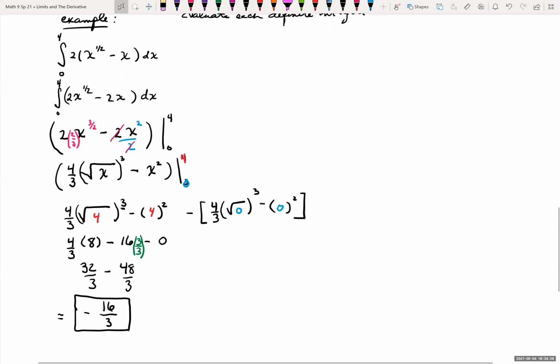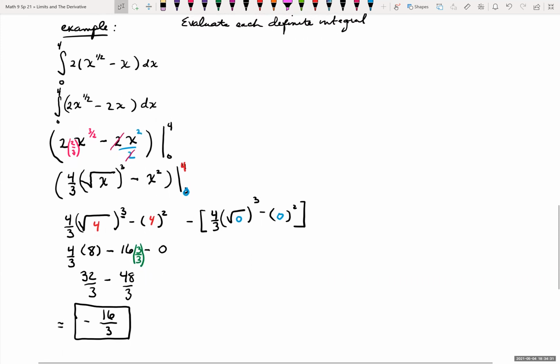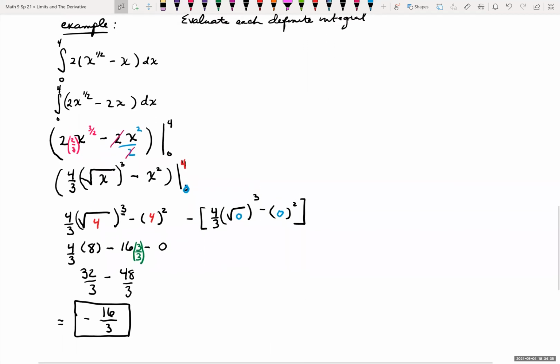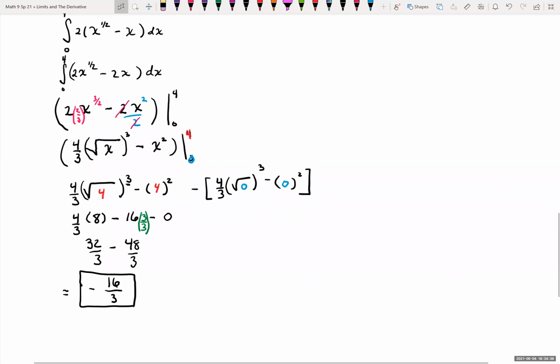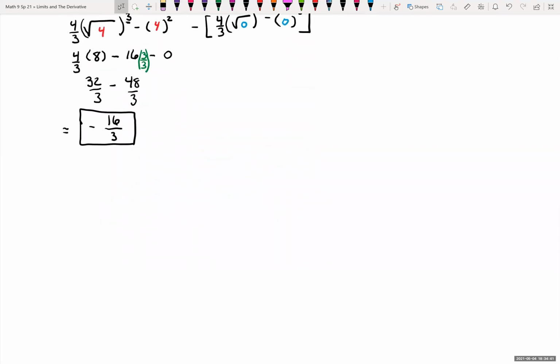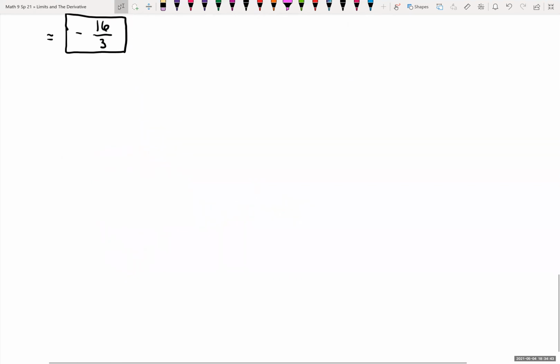Okay, so let's look at an example where we have to actually deal with substitution. So we have some integrand that we don't know how to integrate until we do some substitution. And there's two ways that we can handle that when we're dealing with a definite integral.